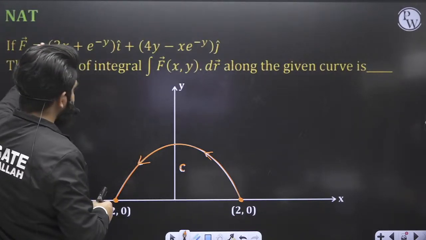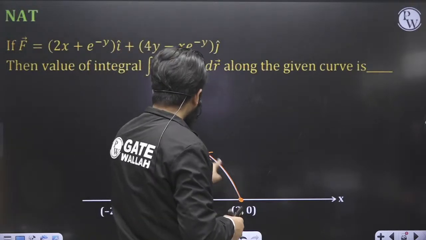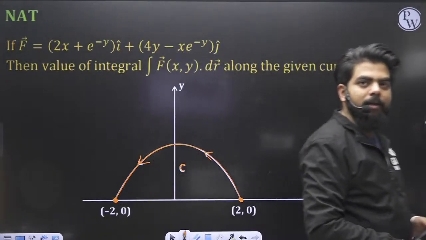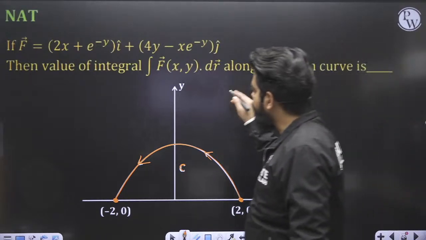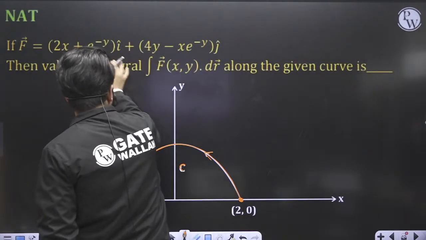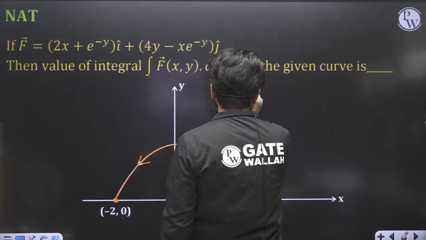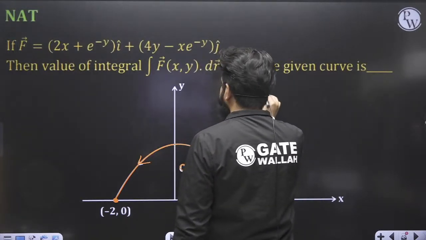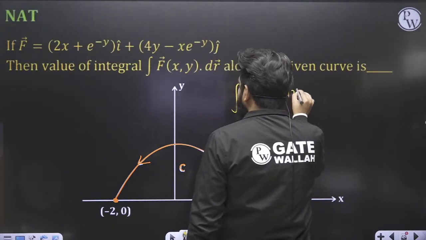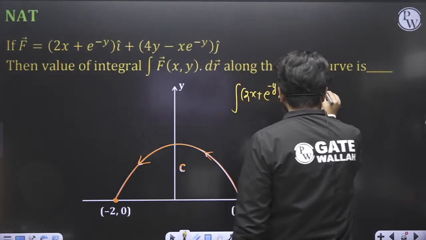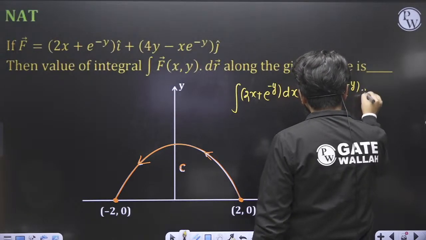This vector function is mentioned to us, and again they are asking you to calculate the open line integral along this open curve. So should we again test whether it is a conservative field or not, or maybe if we can understand, somehow we can write this expression as 2x plus e to the power minus y dx plus 4y minus x e to the power minus y dy.